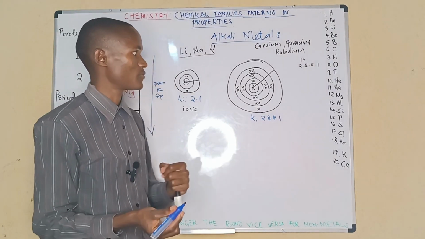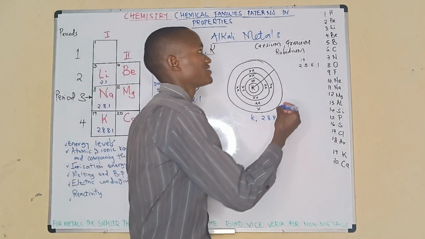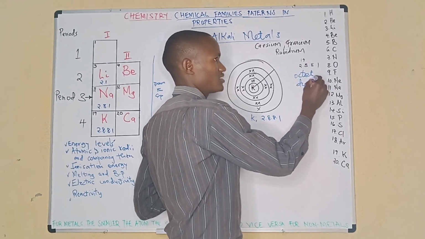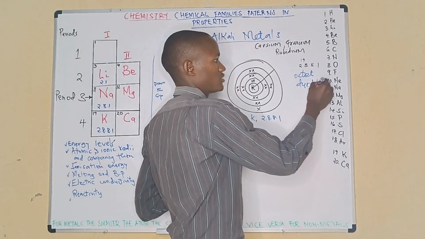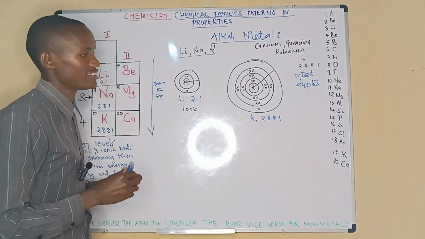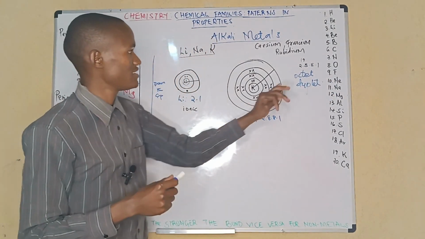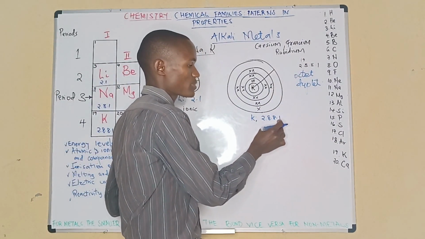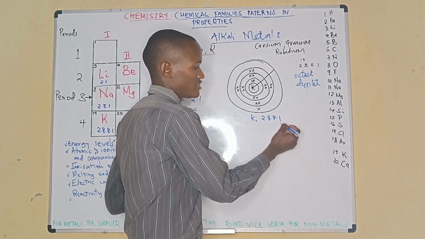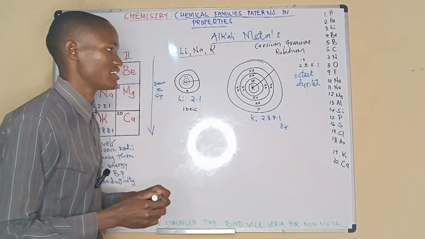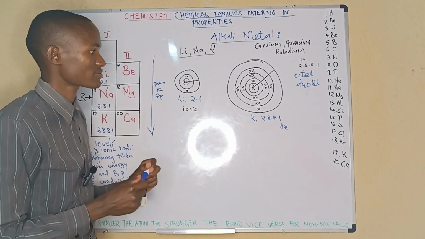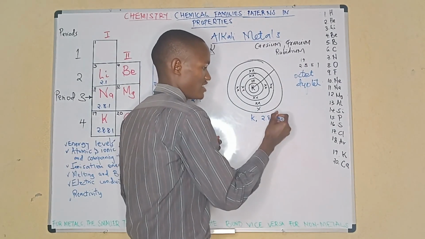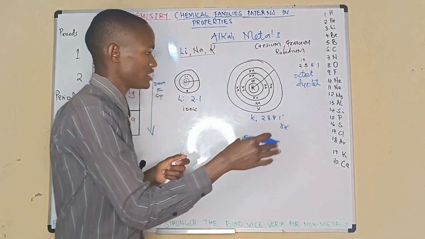To be stable, it either has to gain an octet or duplet state. In short, it means that in the last energy level it must have eight electrons. For that to happen, it either loses this one, or it gains 7, so that 1 plus 7 becomes 8.